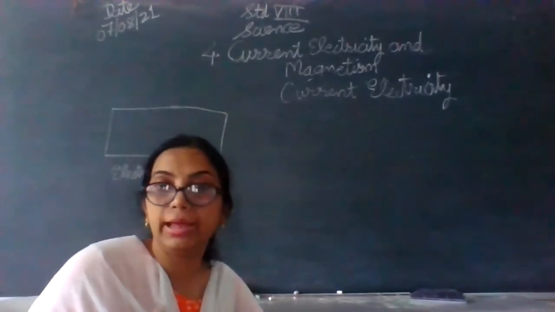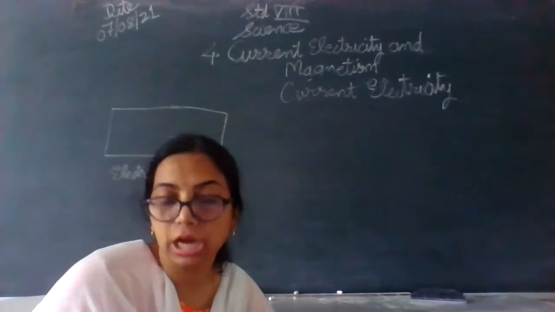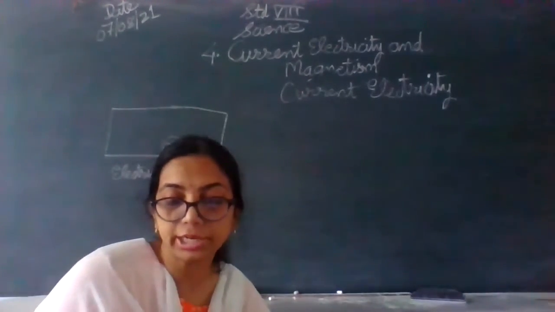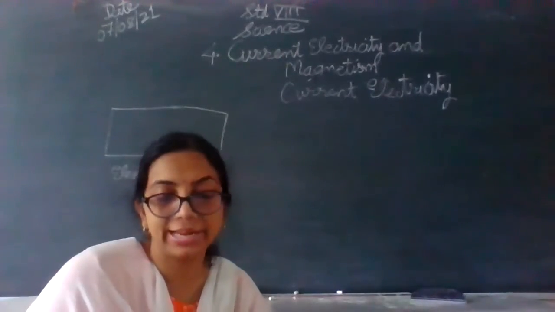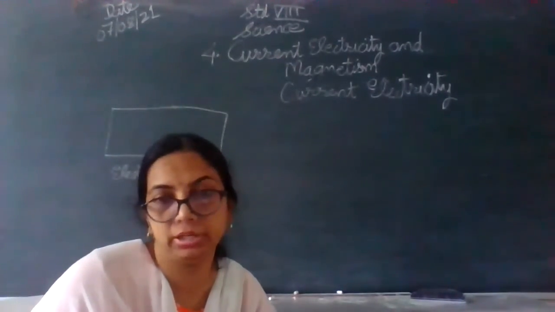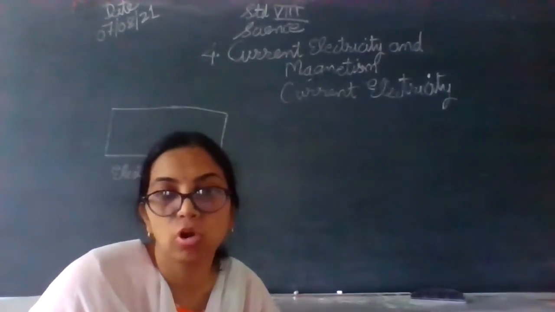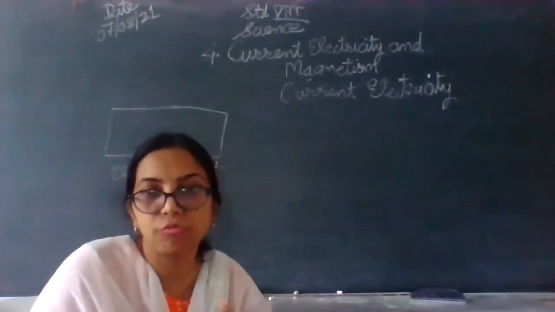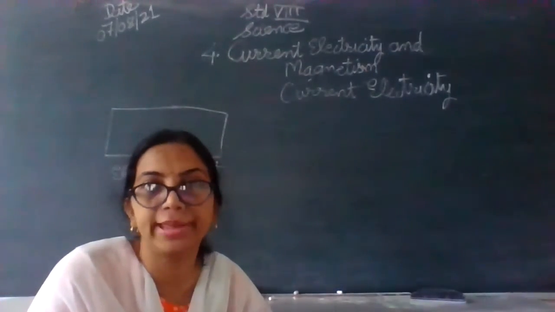Now, in the electric cells of a radio or in a car battery, a current is produced by flow of both negatively as well as positively charged particles. So first of all, we have seen that rods, an ebonite rod or glass rod, when rubbed with woolen cloth or silk cloth, current was flowing.